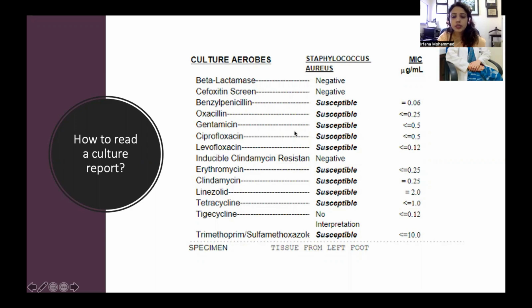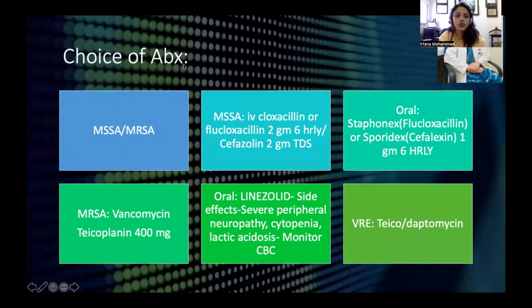So how does it matter if it is MSSA or MRSA? The choice of antibiotic is different for both. For MSSA, don't give vancomycin. You have to give IV cloxacillin or flucloxacillin 2 gram 6 hourly, or cefazolin 2 gram TDS.